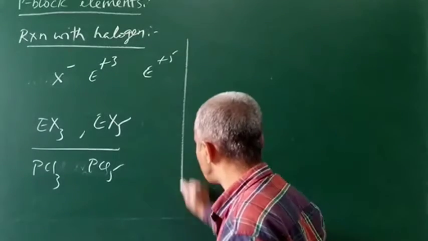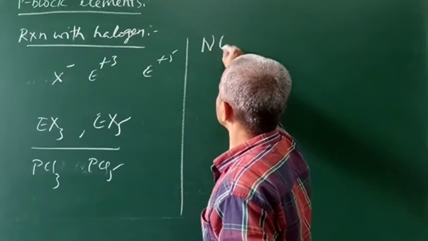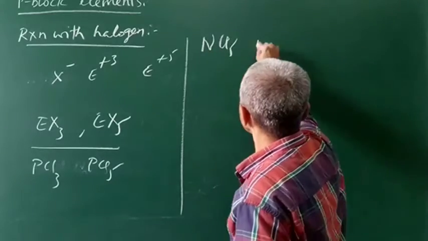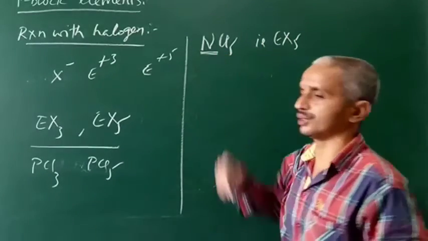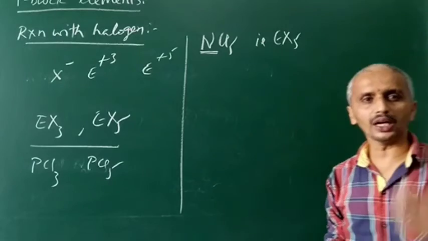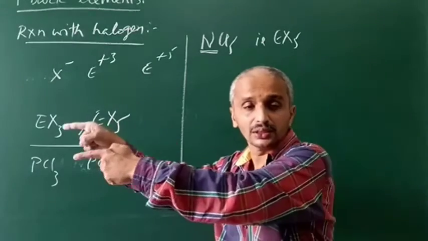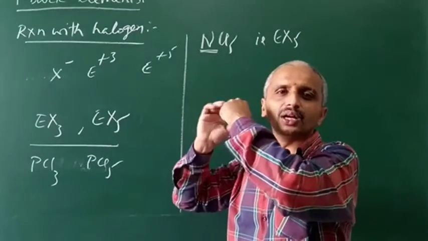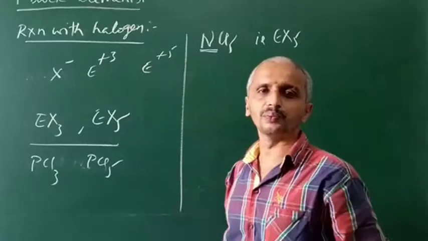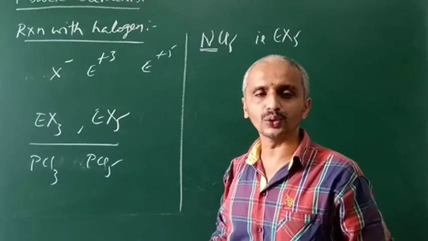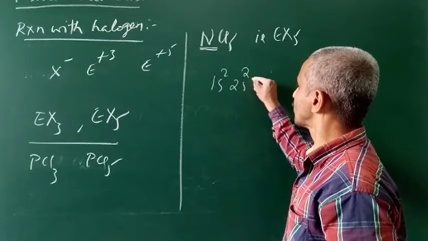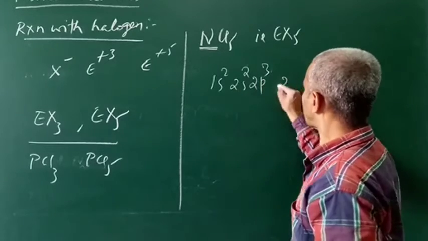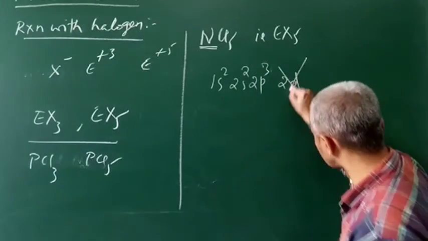But remember, NCl5, that is EX5, is not possible for nitrogen. No d orbital is present. That's why I said covalency cannot exceed 4 for nitrogen, because it is 1s2, 2s2, 2p3, and d orbitals are not present.